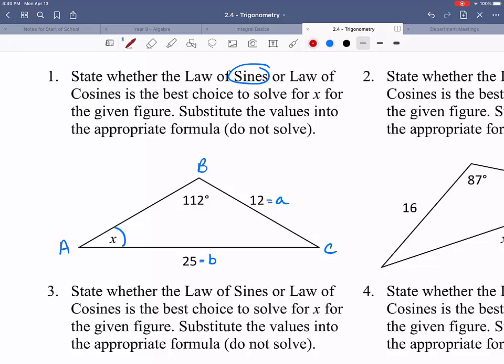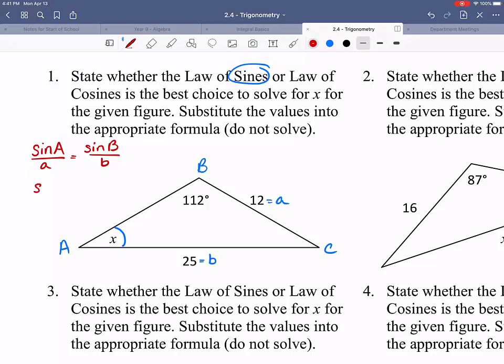So when we're looking for angles, remember that we put the sines on top when we write our formula. So when we write the formula, it's going to be sine of A over little a equals, which ones do I know? The 12 and the 112 and the b's. So I'm going to say sine of B over little b. Now that's not the formula they want. They want the numbers in there. I'm going to leave it the way it is.